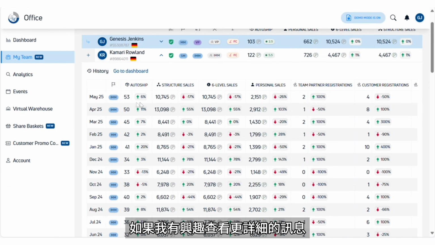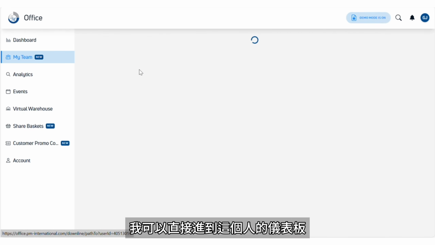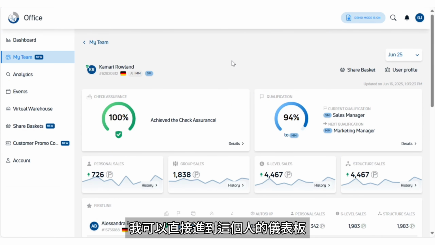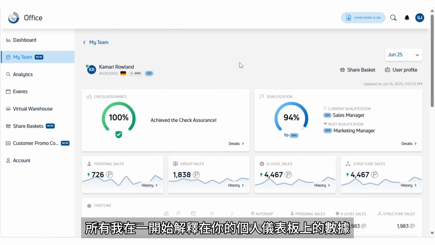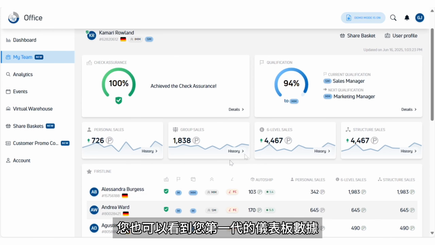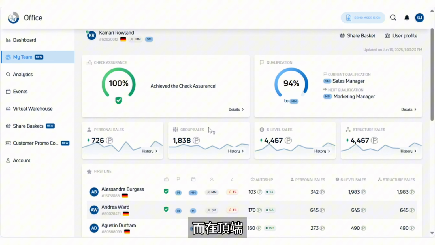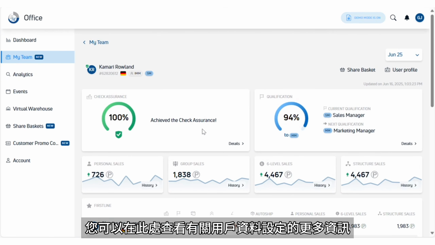And if I'm interested to find more detailed information, I can go from there directly to the dashboard of this person. So whatever I just explained at the beginning, on my personal dashboard, you will find of your first line dashboard. And on top of it, you see here more information on the user profile.